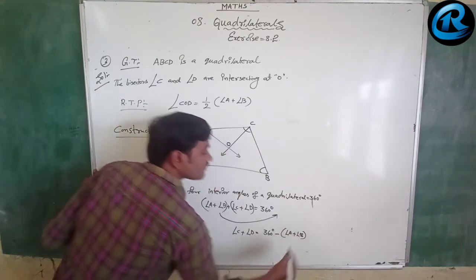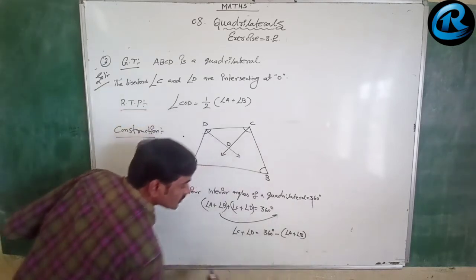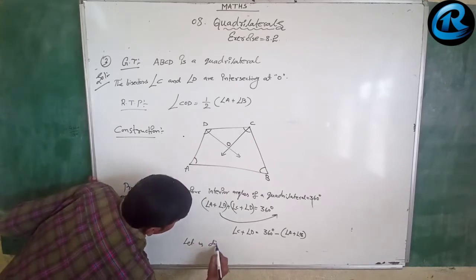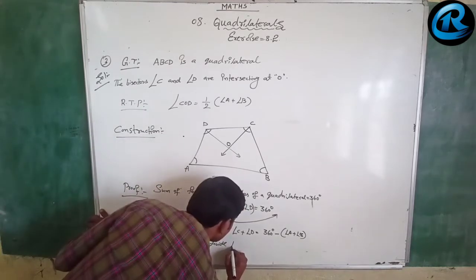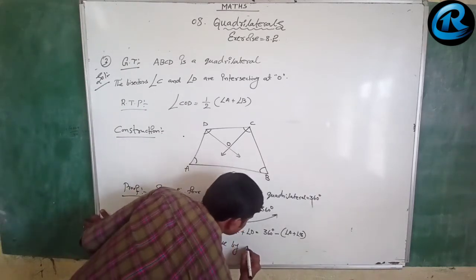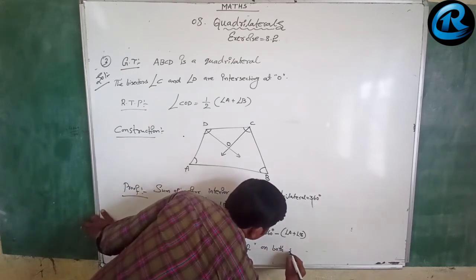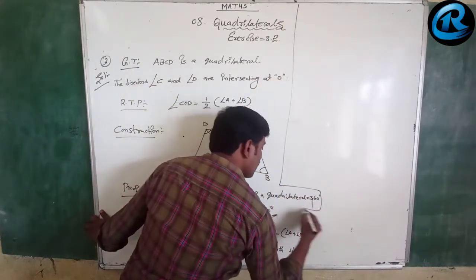So we will write like this. Then let us divide by 2 on both sides.